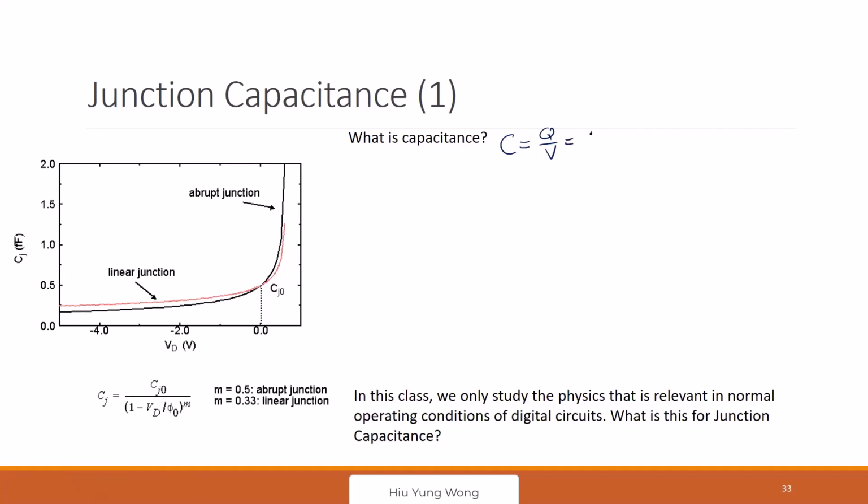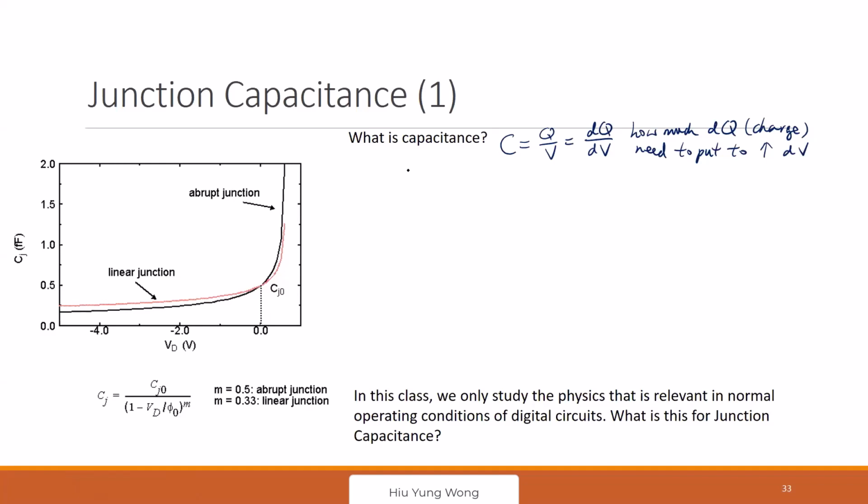In reality, it's actually dQ/dV. It's asking how much dQ charge I need to put to increase dV. You have a two-terminal device.